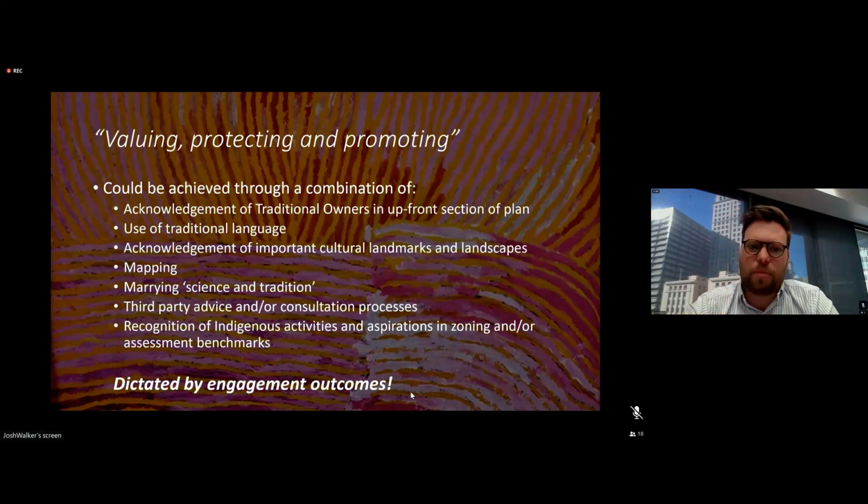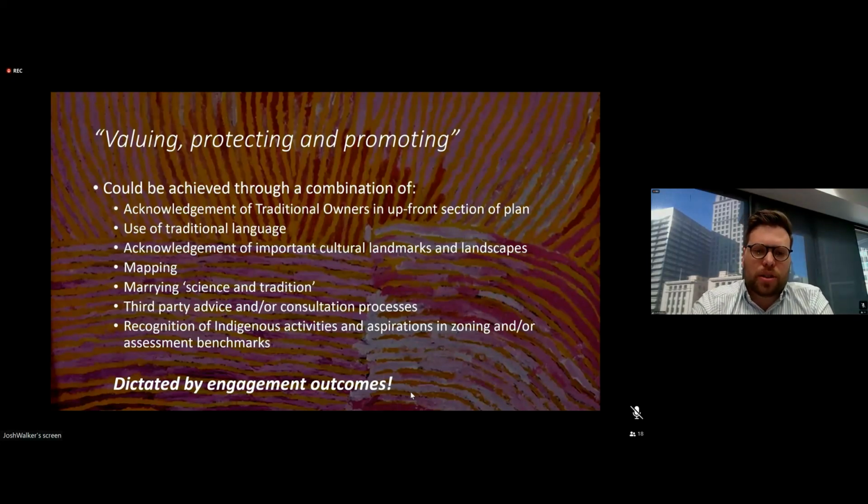It could be a combination of things as simple as an acknowledgement of traditional owners in the upfront strategic vision, or some acknowledgement early on to say that these are the groups and these are the traditional owners this planning scheme applies to. It might also be as simple as using some traditional language for particular features in the area. You might have the common term, then in brackets the Indigenous term, for argument's sake.